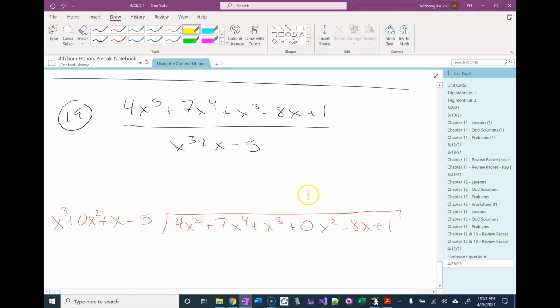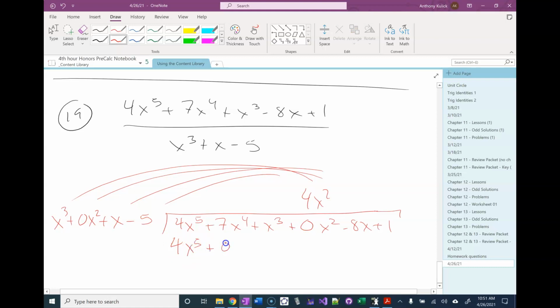I ask myself, what times x cubed gives me 4x to the fourth? That would be 4x squared. I multiply that by my entire divisor: 4x to the fifth plus 0x to the fourth plus 4x squared minus 4x to the third minus 20x squared.